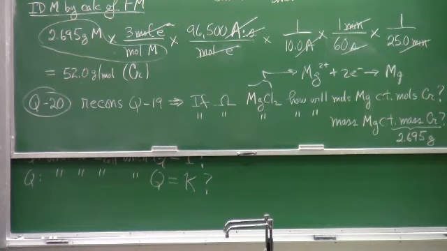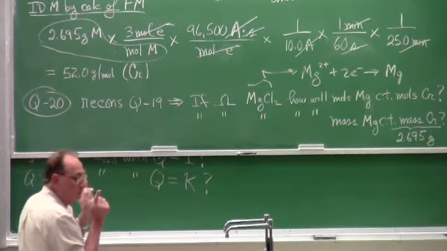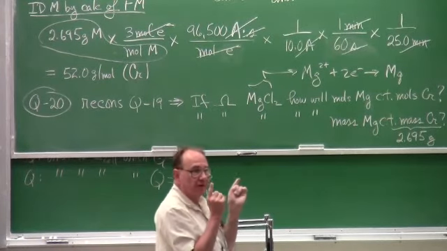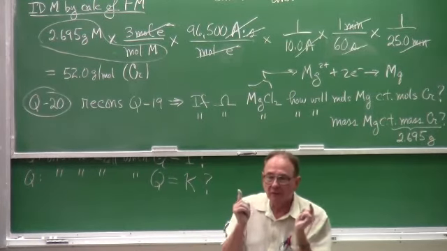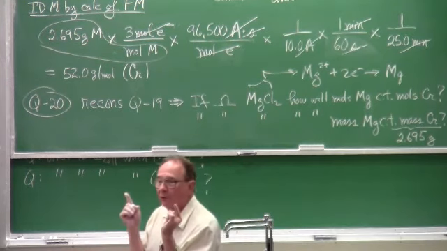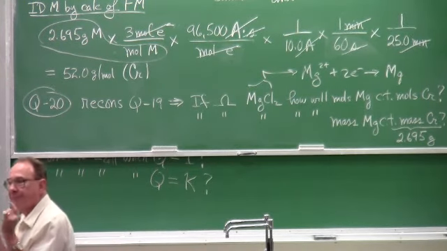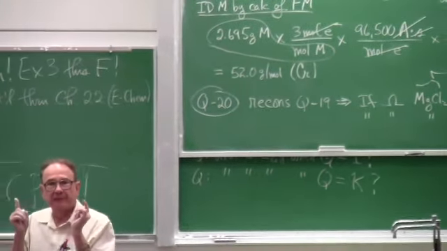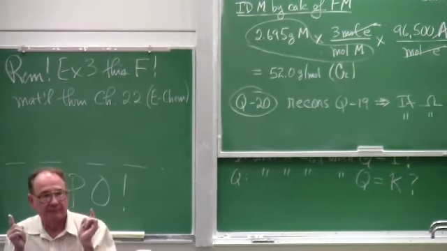Nothing fancy about this. Well, tell me, I'm using a particular current for the same amount of time as question 19. Does it cost me more electricity or less electricity to make a mole of chromium compared to making a mole of magnesium?